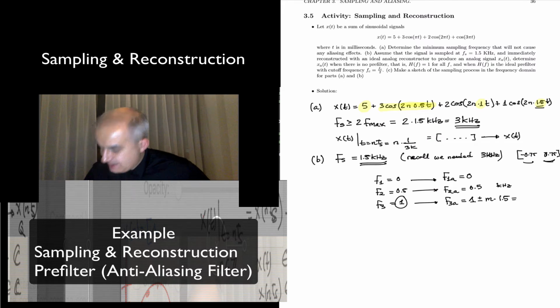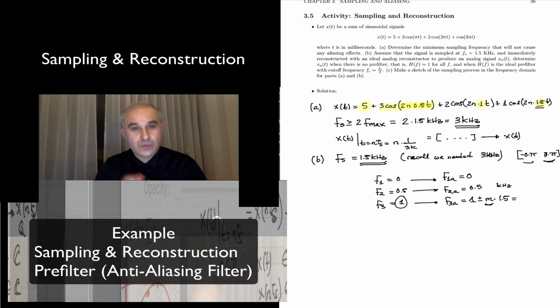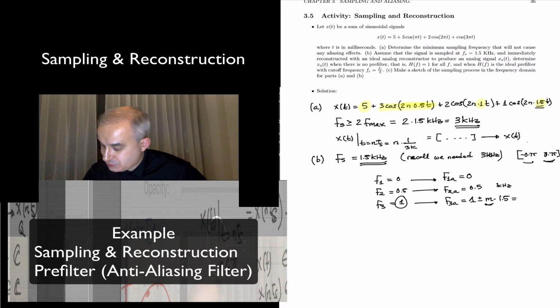And the one that is going to be the alias is the one that is within minus 0.75 and 0.75. And so you can plug values of m equals 0, 1, 2, minus 1, minus 2, and see which one falls in the Nyquist range. This is called the Nyquist range.